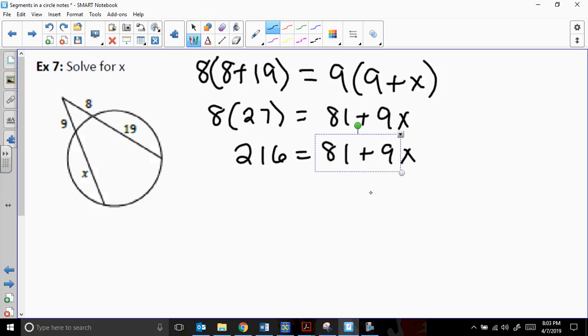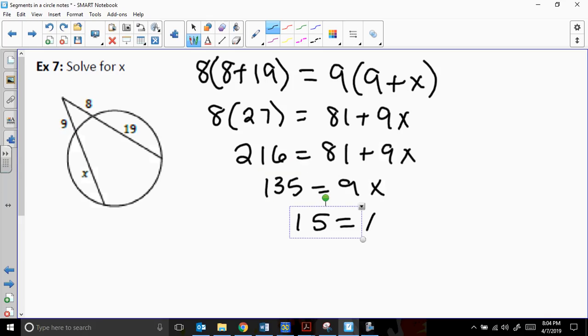So again, we just have our equations to solve. Let's subtract 81 from each side. We end up with 135 is equal to 9x. Divide both sides by 9 and you get 15 is equal to x. So here's our final answer.